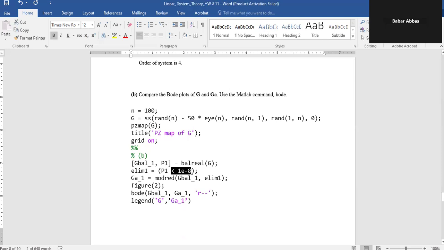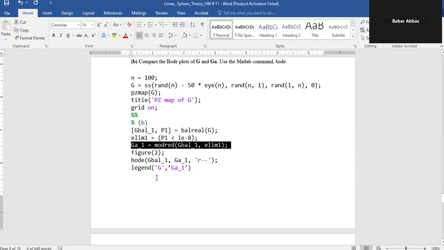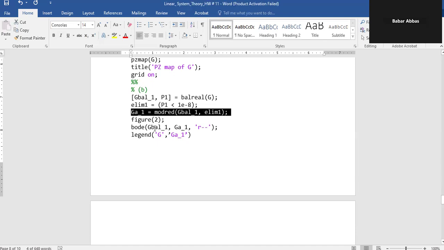We can just neglect those low values, and this is the model reduction. So this is the model reduction command here, and here the Bode plot.